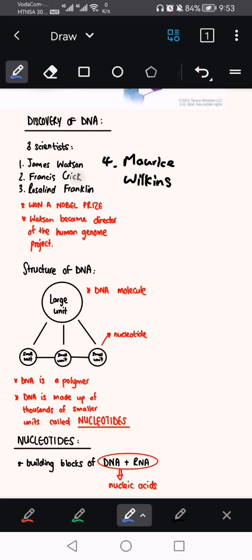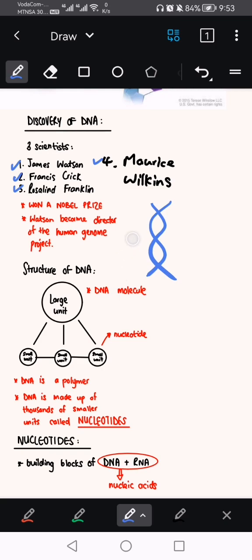If the question asks, who discovered the double helix DNA structure? That structure that looks like this. The double helix DNA structure, you can put down all four names. Grade 12s, please take note.